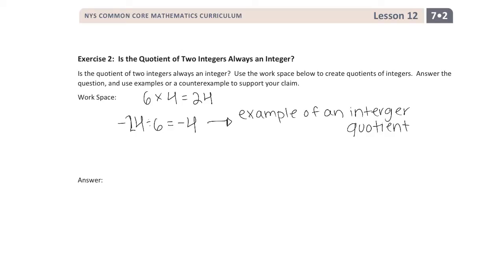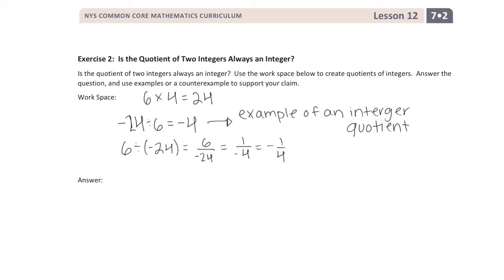Now, let's do another problem. What if we had 6 divided by negative 24? That will give us 6 over negative 24. When we simplify that down, we have 1 over negative 4. That gives us negative 1/4.